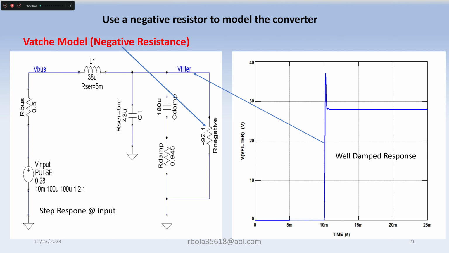Here we have the input filter along with the damping circuit, and instead of having the current source, we take the current source and put a resistor in its place, and we assign it a value of 92. This is actually a nice way to model the converter as well.